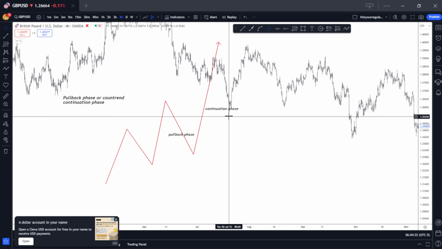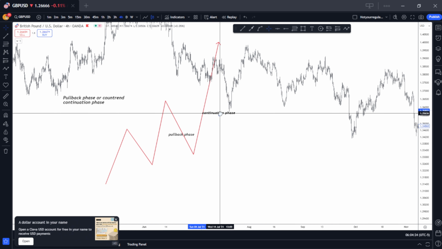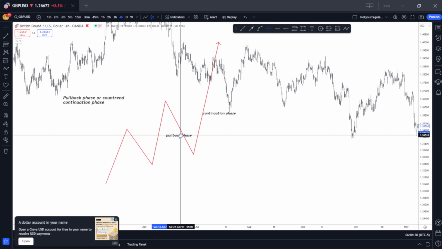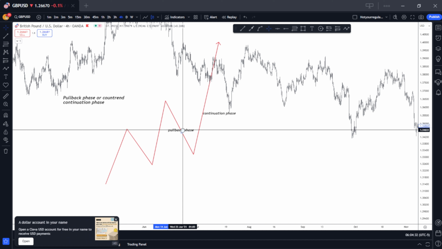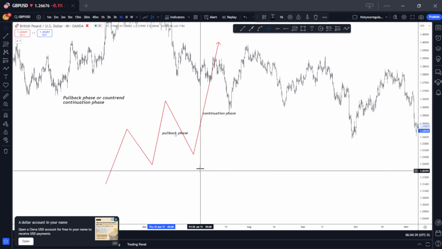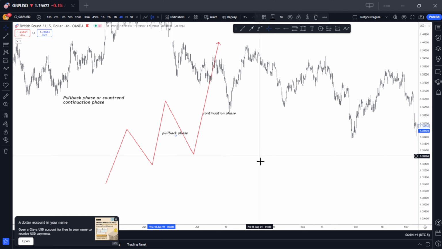Like I said, the continuation phase is when the market resumes that overall trend. A pullback phase is when the market is retracing back, coming back to seek liquidity, take out gas before continuing the trend, before resuming back into the continuation phase.